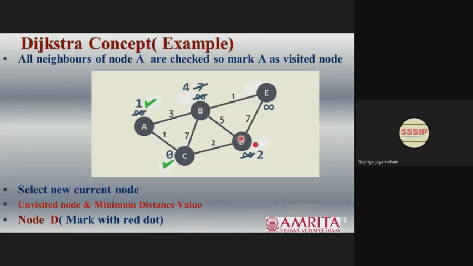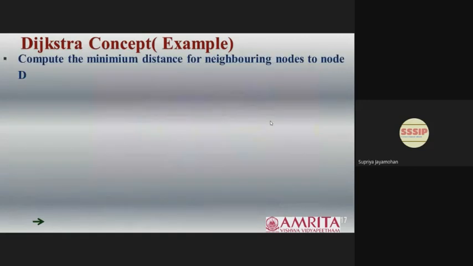And here from D to E, it is infinity. So now node E will be marked with 9 instead of infinity. That is, 2 is the value of node D plus 7 is the distance between node D and node E. As a result, our final value for node E will be 9.